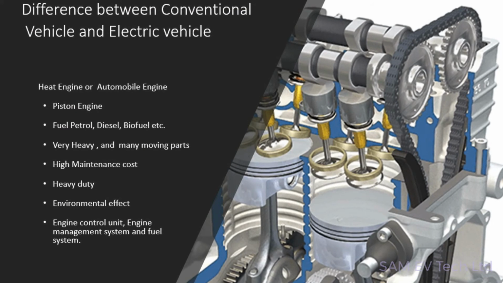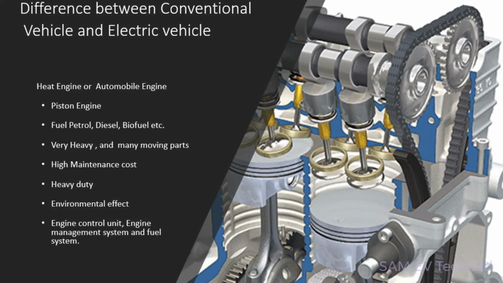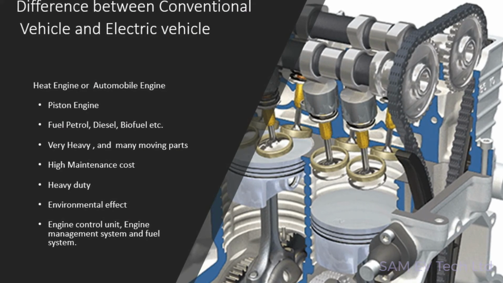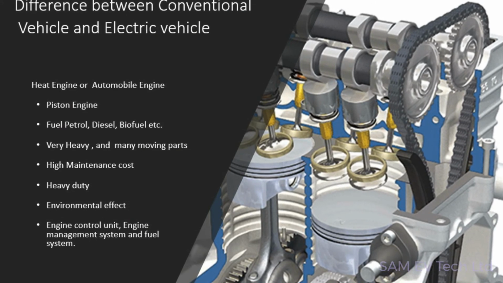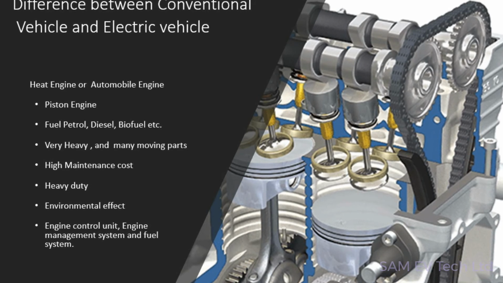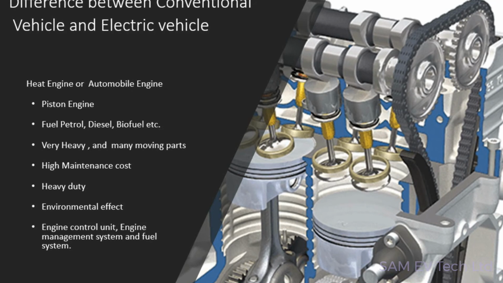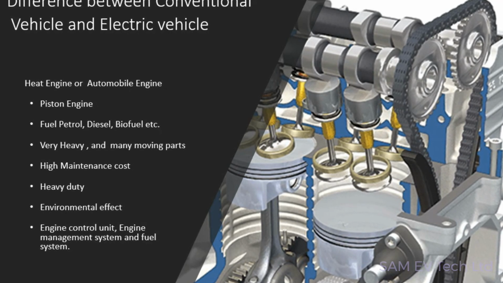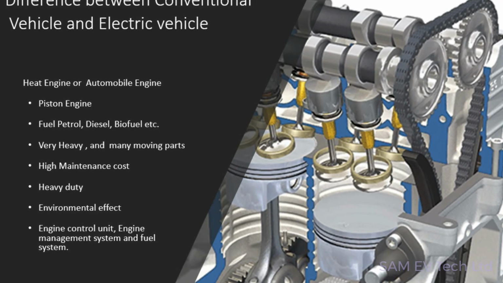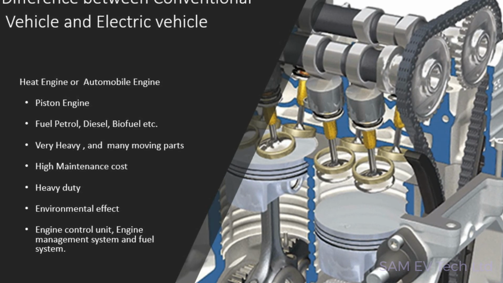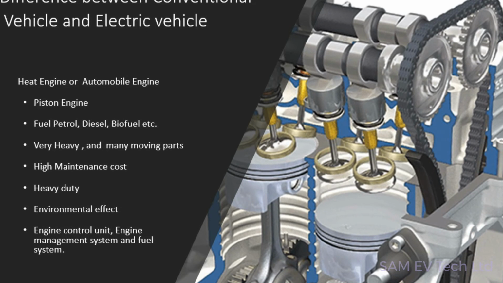So I hope you all understood about the internal combustion system and how it works. The main parts of the internal combustion engine are the piston engine system, crankshaft, timing belt, and other mechanical moving parts. This type of engine's maintenance cost is very high, and it is heavy duty.